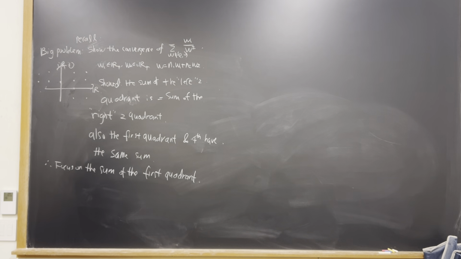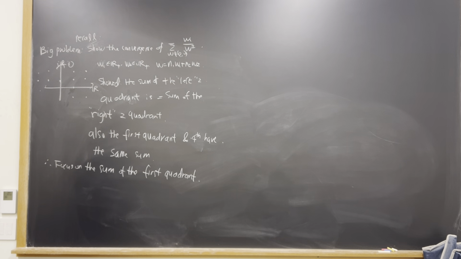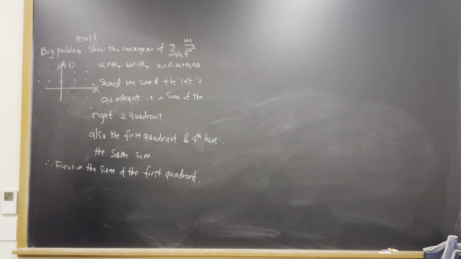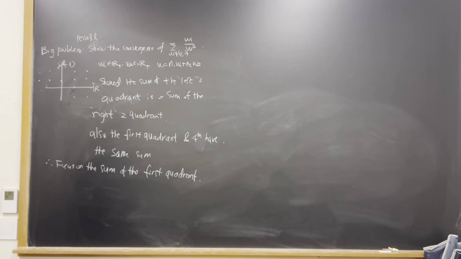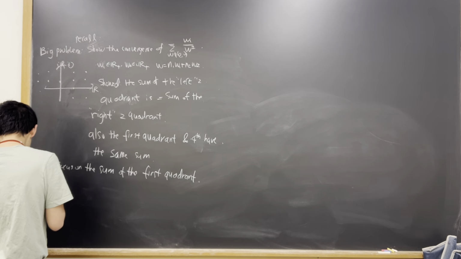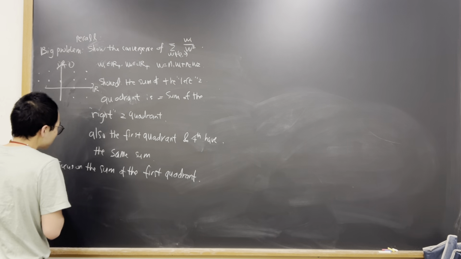Now what we want to do is find the sum of the first quadrant. This leads us to the simplification.